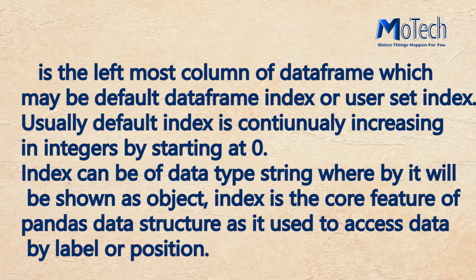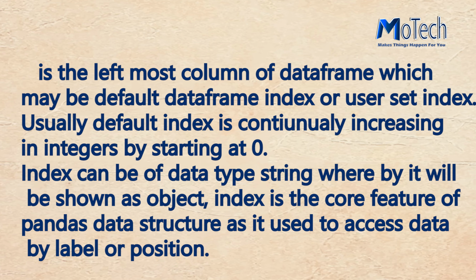Number 1, meaning of index. Before going on, let's know what is the meaning of index. Index is the leftmost column of a data frame, which may be the default data frame index or a user-set index. Usually, the default index is continually increasing integers starting at 0.